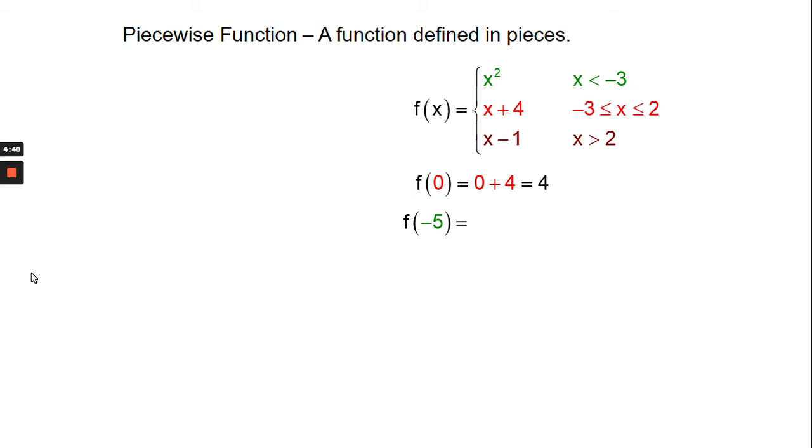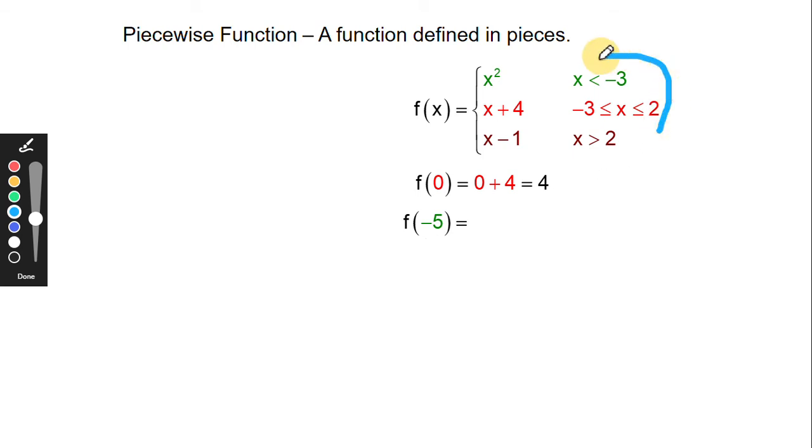Now, this is asking what is f of negative 5. Which one of these conditions gives us the freedom to use negative 5? Let me start here. Negative 5, and picture the number line in your mind.